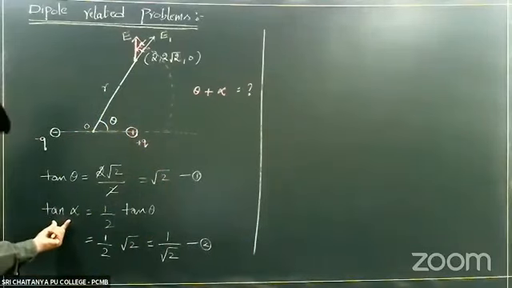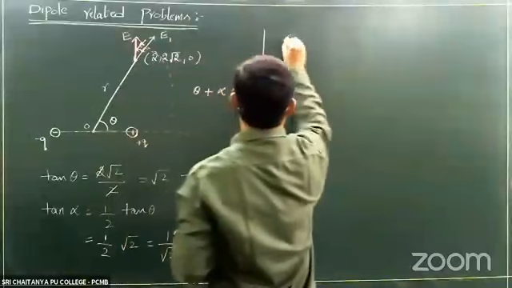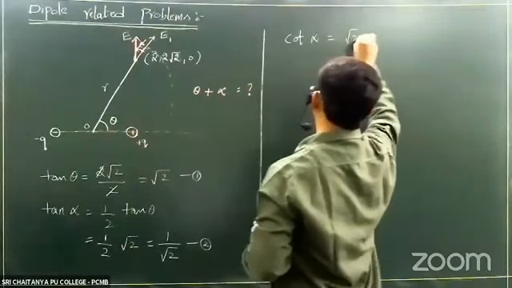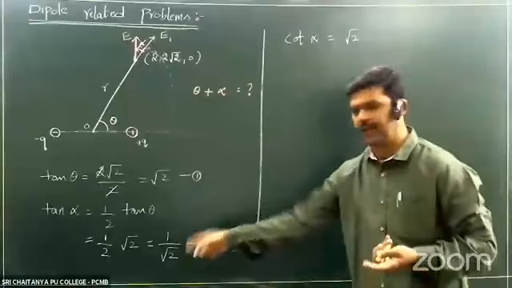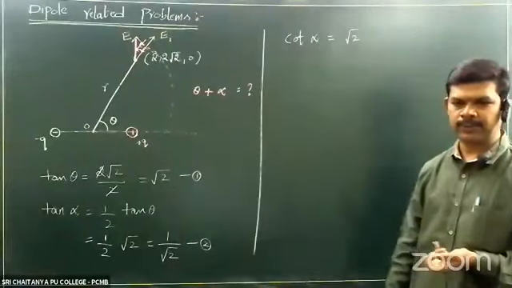I can write this tan alpha equal to 1 by root 2, then cot alpha is equal to root 2, right?